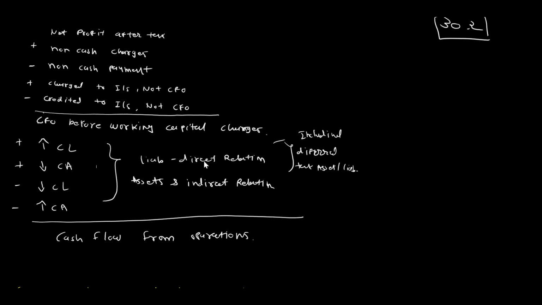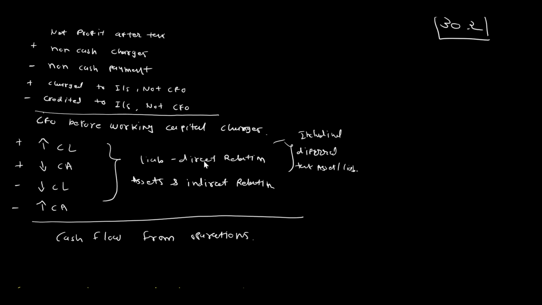It also includes deferred tax assets and liabilities. A deferred tax liability occurs when a company pays less tax today but will pay more in the future due to differences between accounting rules and tax laws.